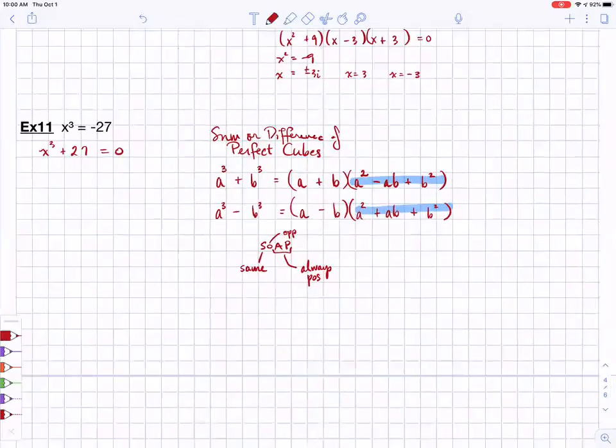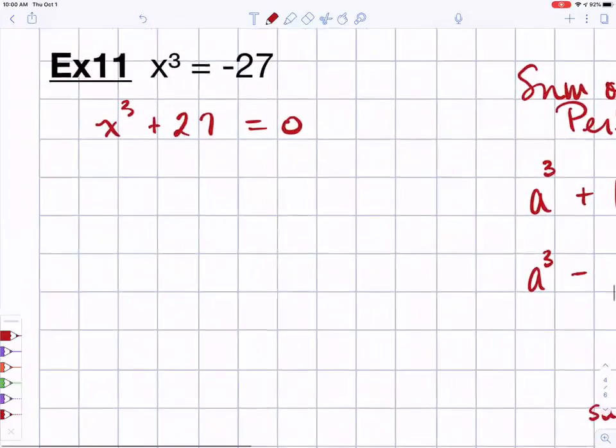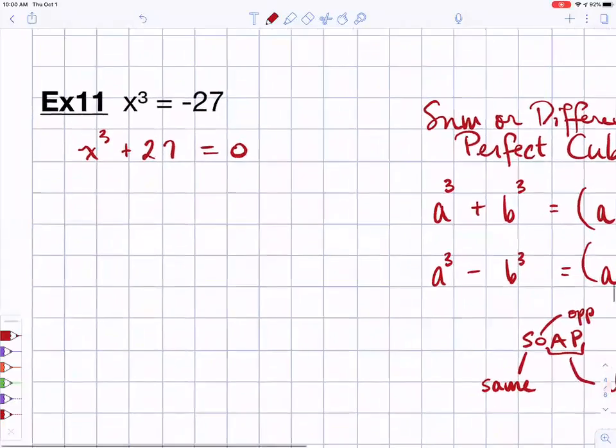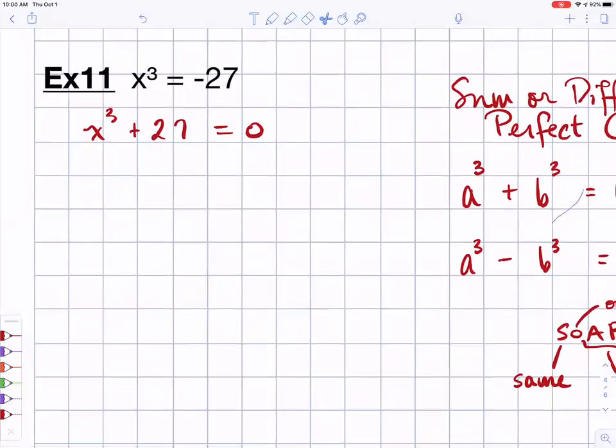So let's go back to number 11. Notice I have a sum of two perfect cubes. Now, do you see how my problem is not written like this guy is written? The first piece is written properly.